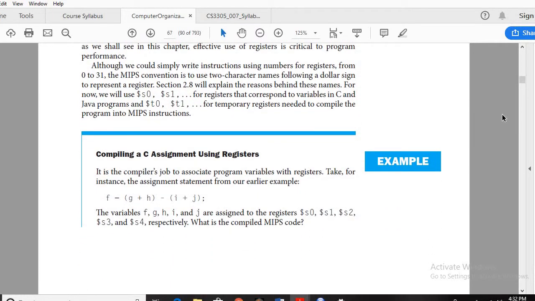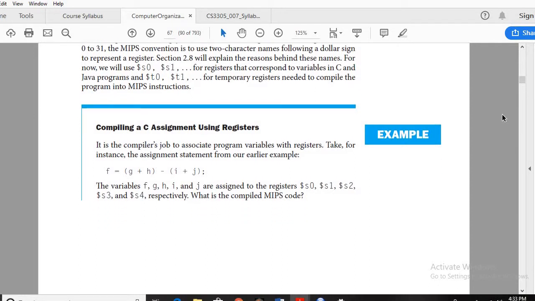Example: compiling a C assignment using registers. It is a compiler's job to associate program variables with registers. Take, for instance, the assignment statement from our earlier example. The variables f, g, h, i, and j are assigned to the registers $s0, $s1, $s2, $s3, and $s4 respectively. What is the compiled MIPS code?